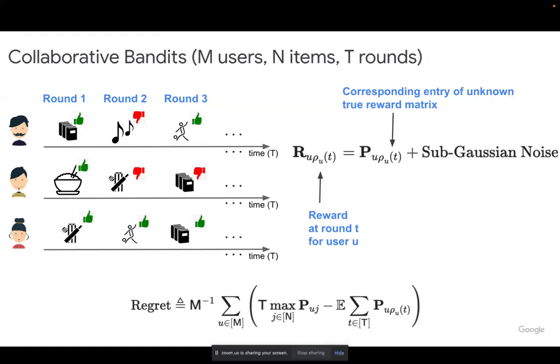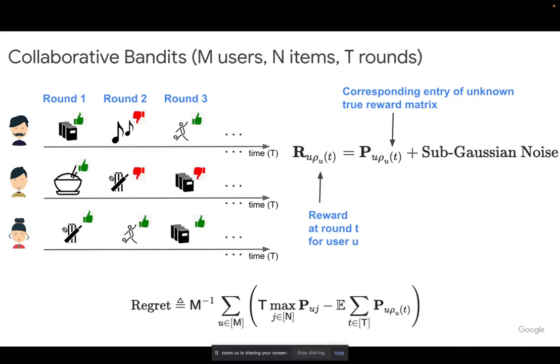Okay. So if you fix a particular user U, then what is the best thing that the decision-making algorithm could have done in hindsight, or if it had known all the true rewards? The best thing it could have done is to simply recommend the item with the highest reward throughout the entire set of T rounds to the user U. This is the best thing it could have done. But instead, it has recommended a sequence of items. So we compare the two things.